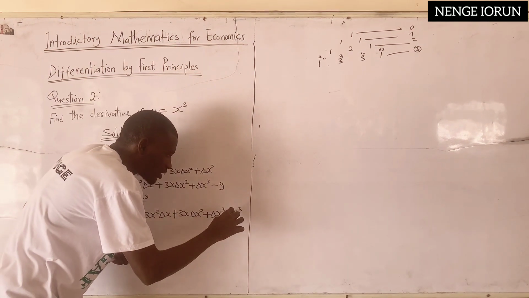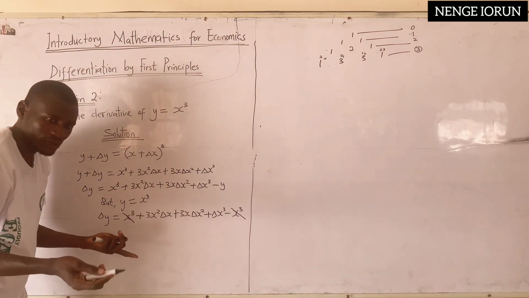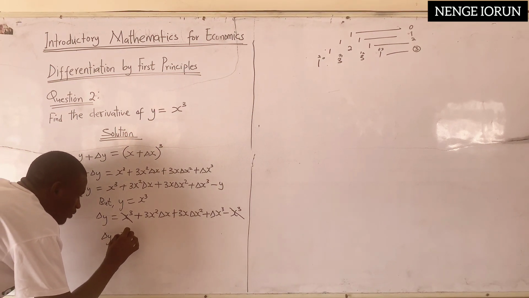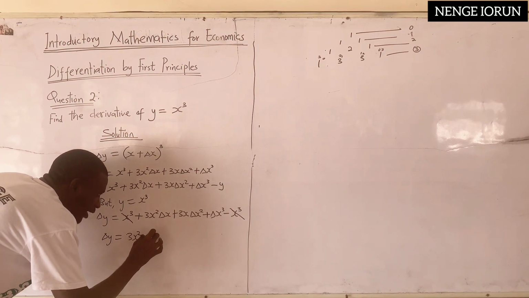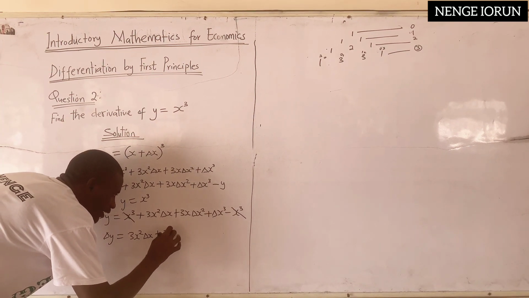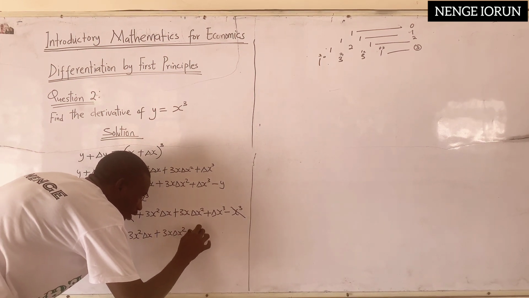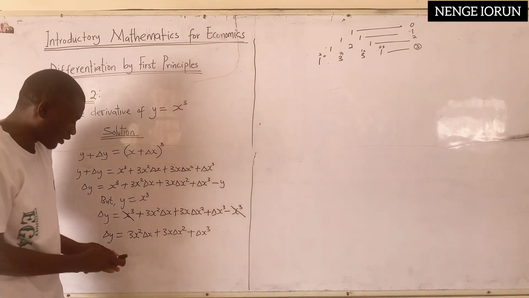Now, x raised to the power of 3, x raised to the power of 3, it has gone. So now you have delta y is equal to 3x squared delta x plus 3x delta x squared plus delta x cubed. So this is what you have now.